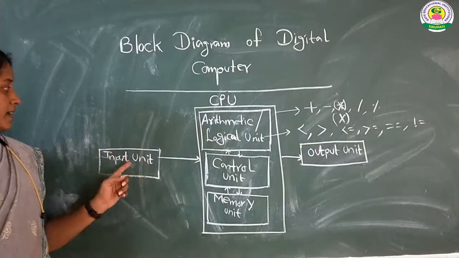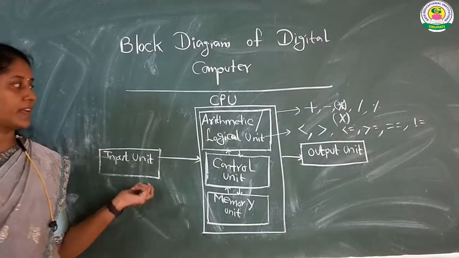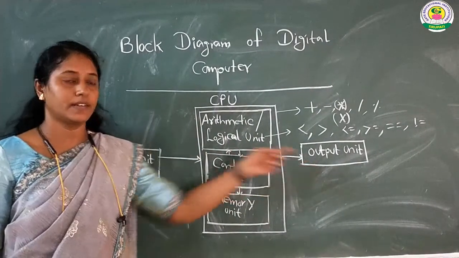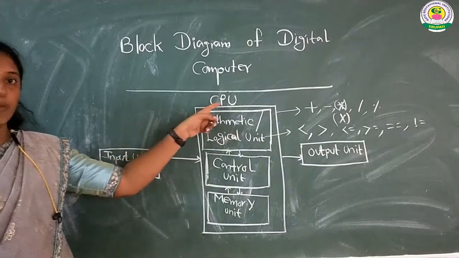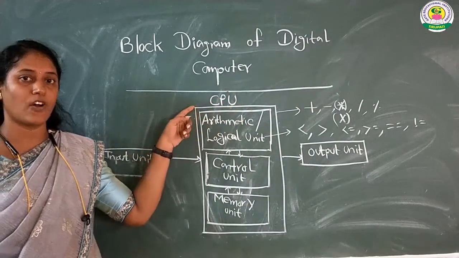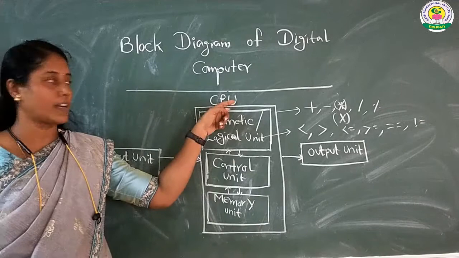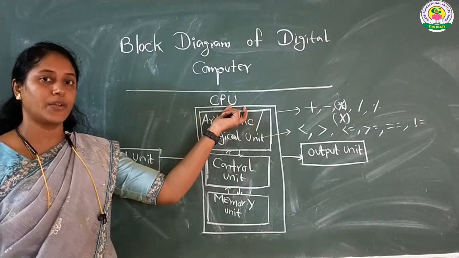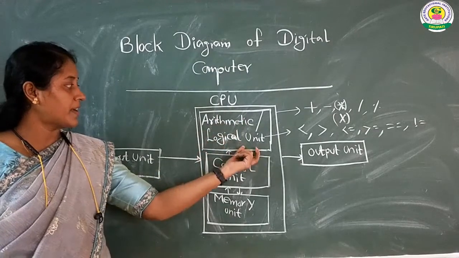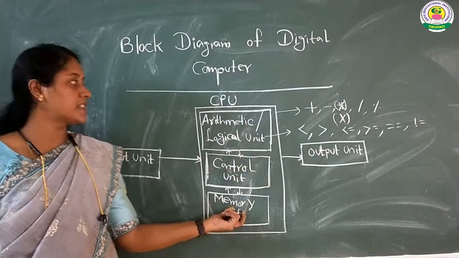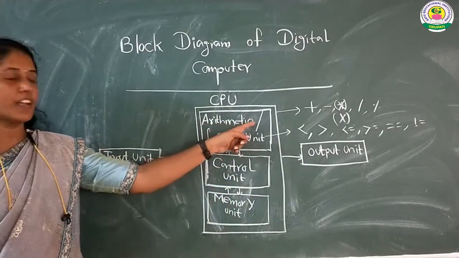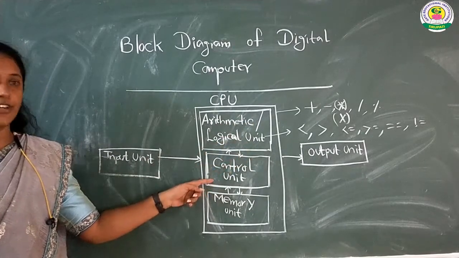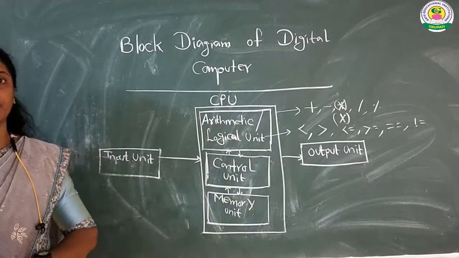Here we have the input unit, output unit, and the central processing unit, also called the CPU for short, and also the cabinet. The central processing unit is separated into three other units: the arithmetic and logical unit, the control unit, and the memory unit.